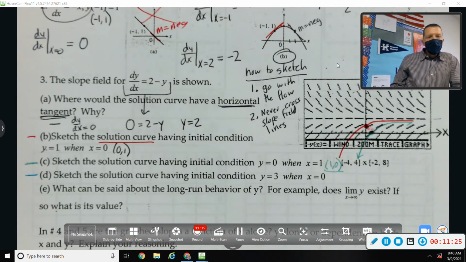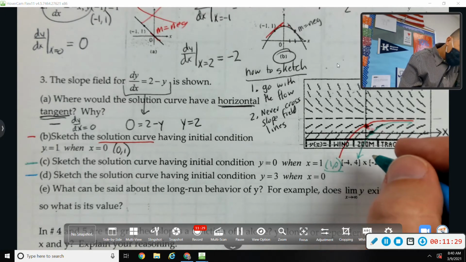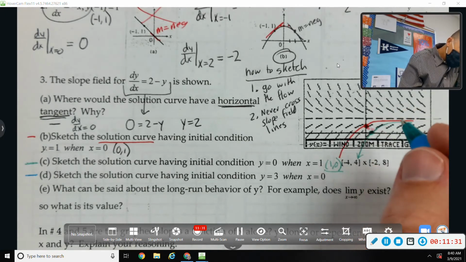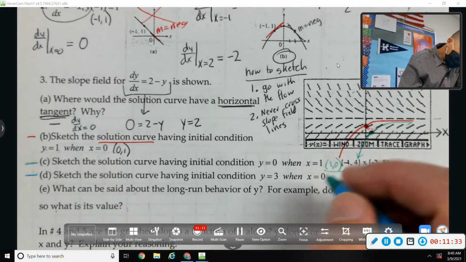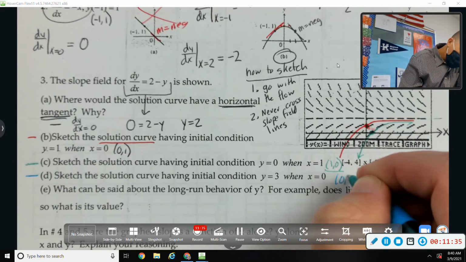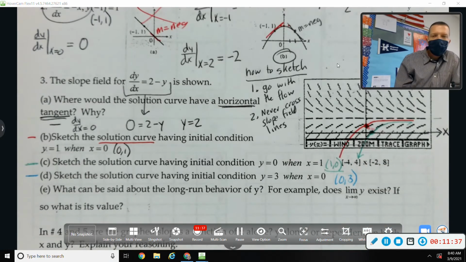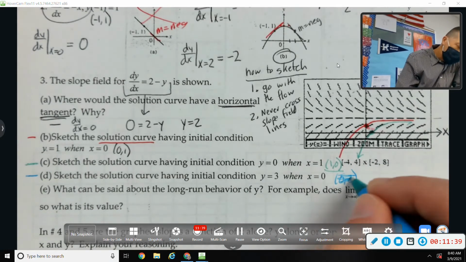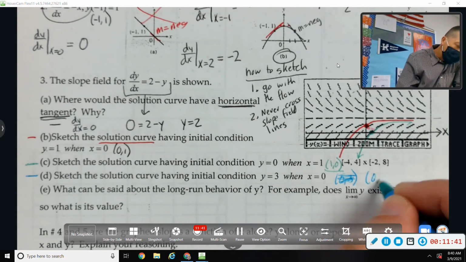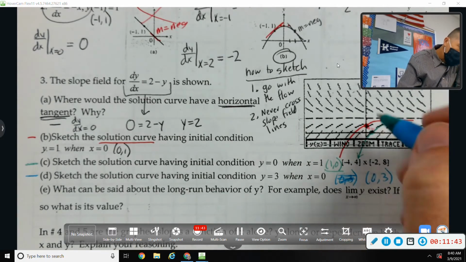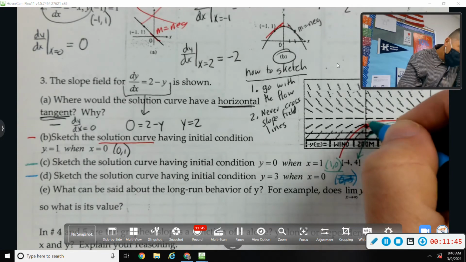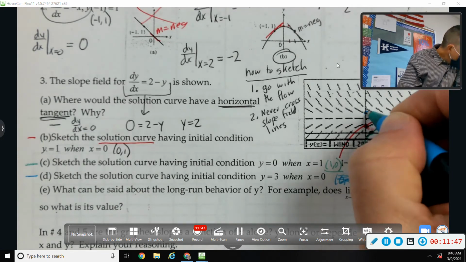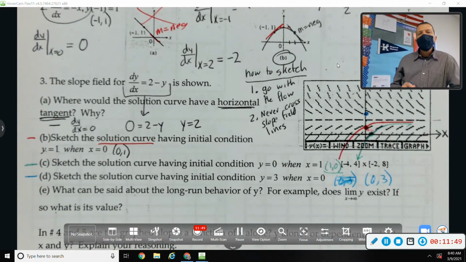Part D. Sketch the solution curve having an initial condition y equals 3 when x equals 0. So I'll start at, whoops, no, that was right. 0, 3. So 1, 2, 3. This one starts above that horizontal tangent line.